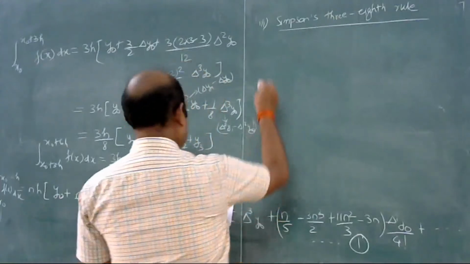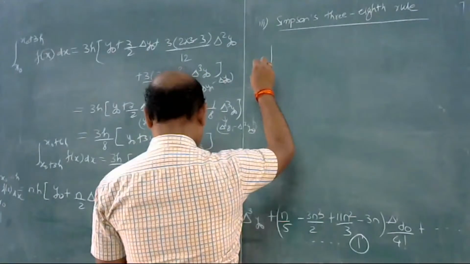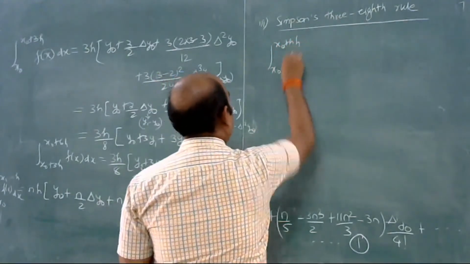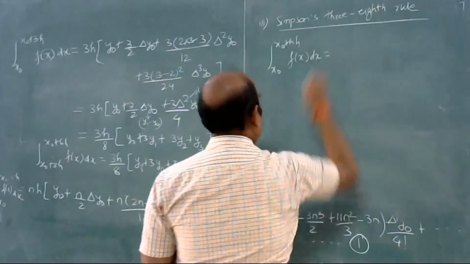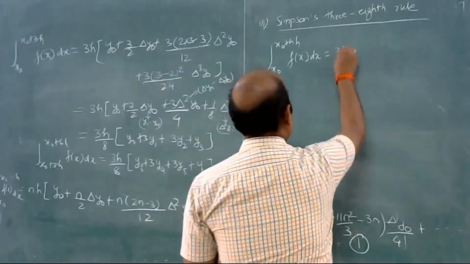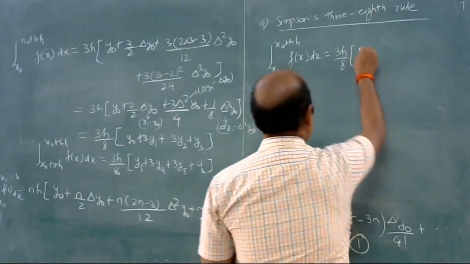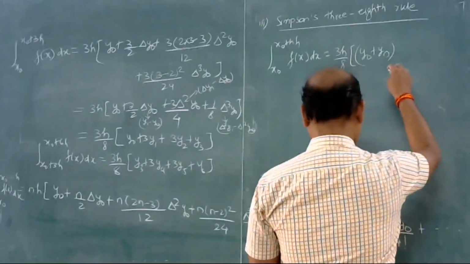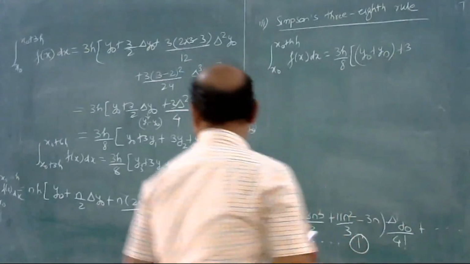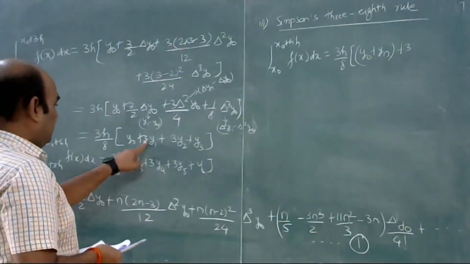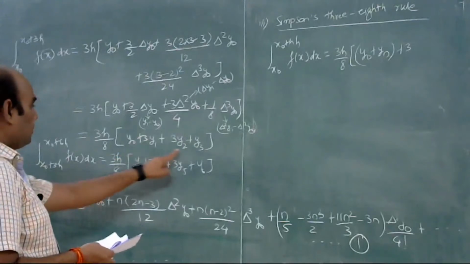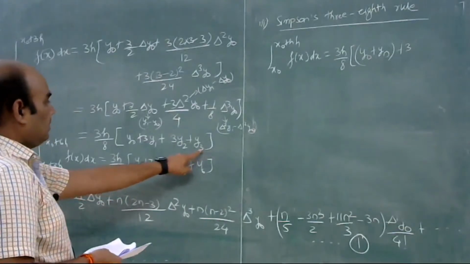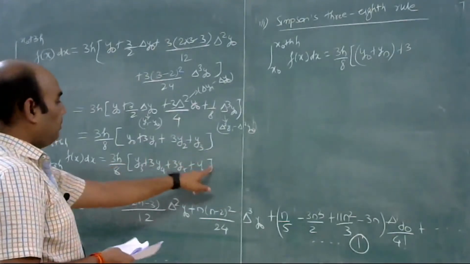Adding all this, the integral from x0 to x0 plus nh of f of x dx is equal to 3h upon 8 times y0 plus yn plus 3y1, y4, 3y2, y5, and this will be 2y2 plus 2y6.